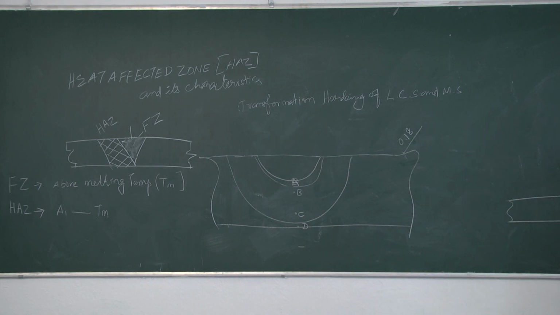Now we will draw the cooling curve. This is your cooling curve. It has region A, this is the location of B, and this is the location of C, and this is the location of D in this diagram.